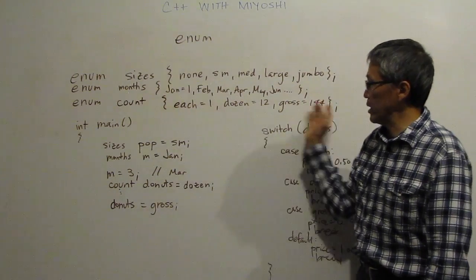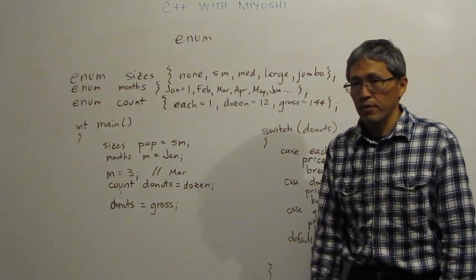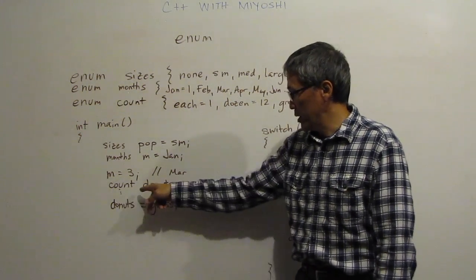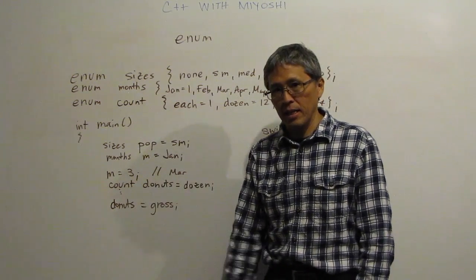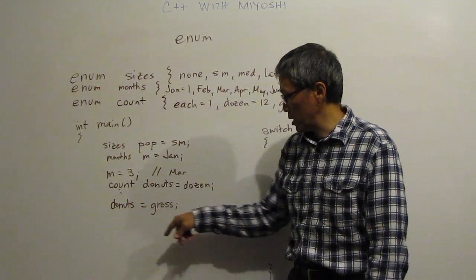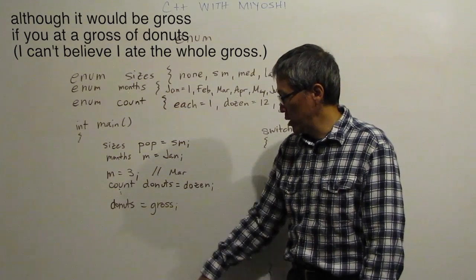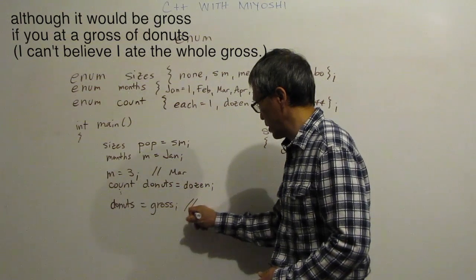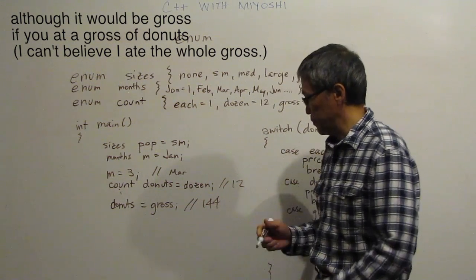And again, remember these in C++ are merely integers representing these numbers. So here I have count donuts assigned the value dozen, and then maybe I have some more programming. Remember the ... just means that there's more code down there. And if I have donuts assigned the value gross, no, that's not a commentary on donuts being gross. That's just giving a value of 144 to donuts. So in reality, this is just 144, where it used to be 12.